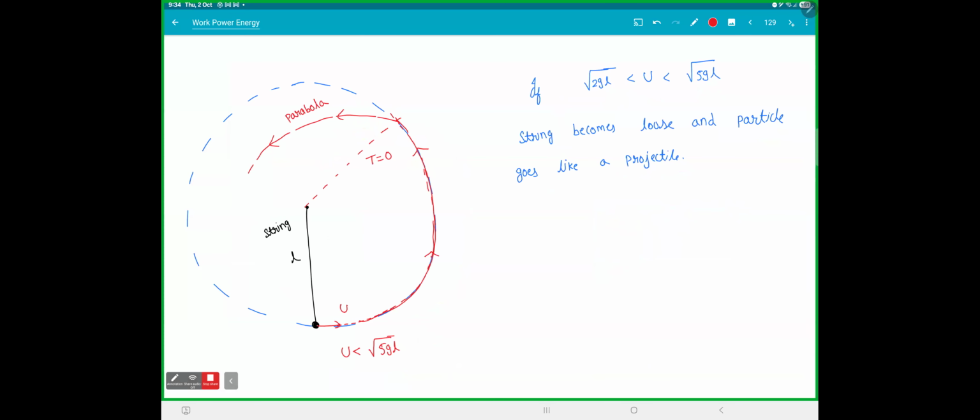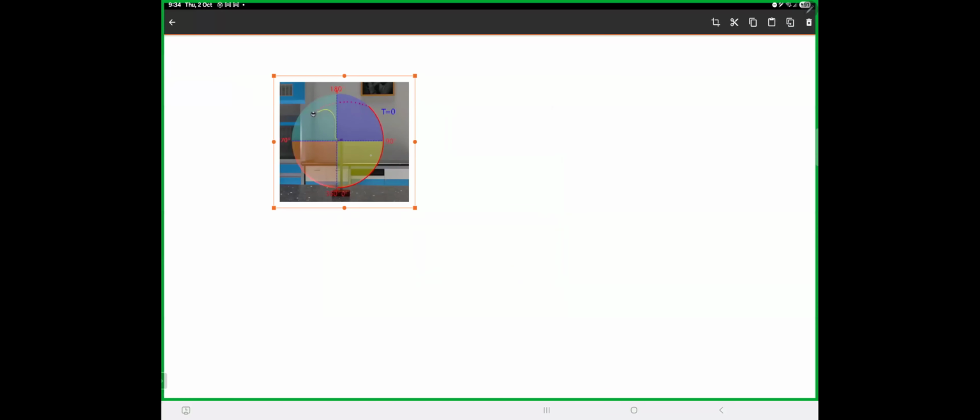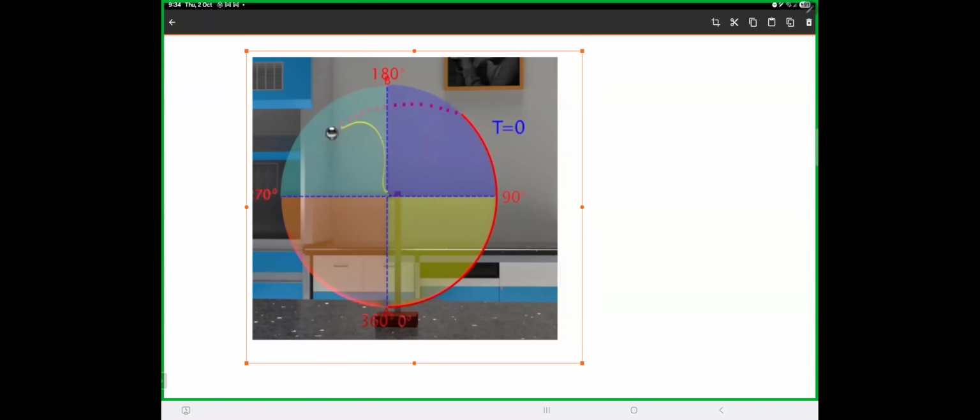I hope it is clear with that picture, how the string becomes loose. Clear with that, everyone? So let's see if I have that photograph. There, this is how the picture will look.